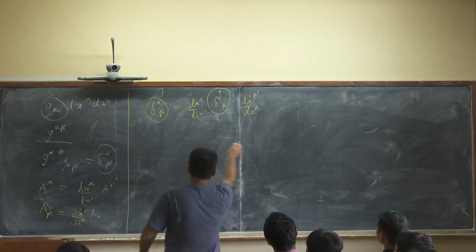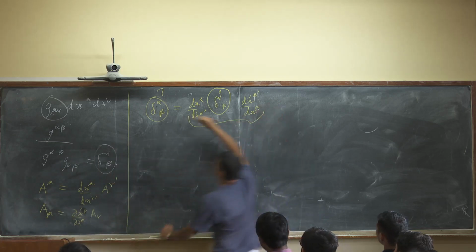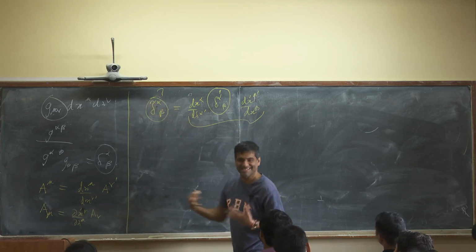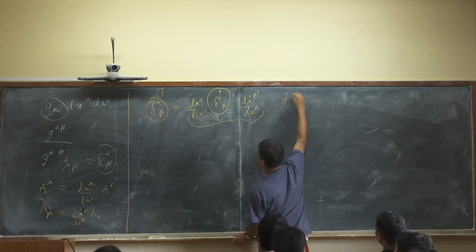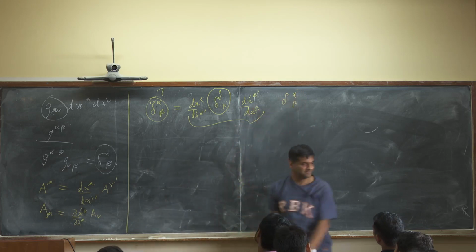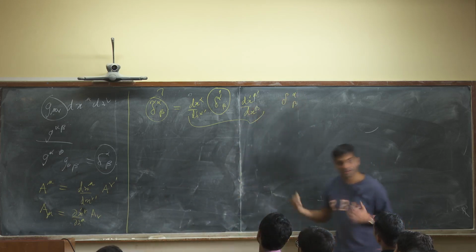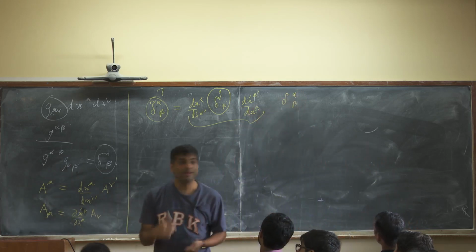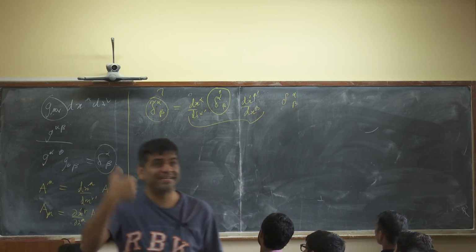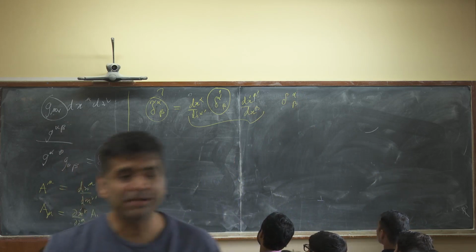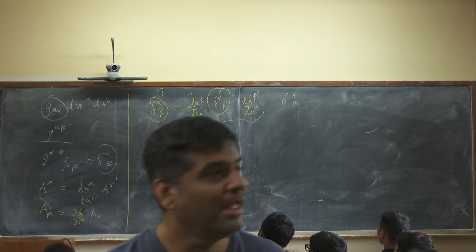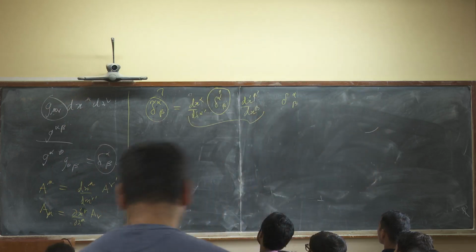So by algebra, let's call this delta tilde, whatever it is. Do you understand? And therefore, we've proved that the object delta alpha beta, regarded as an object with one index upper and one index lower, is an invariant tensor.